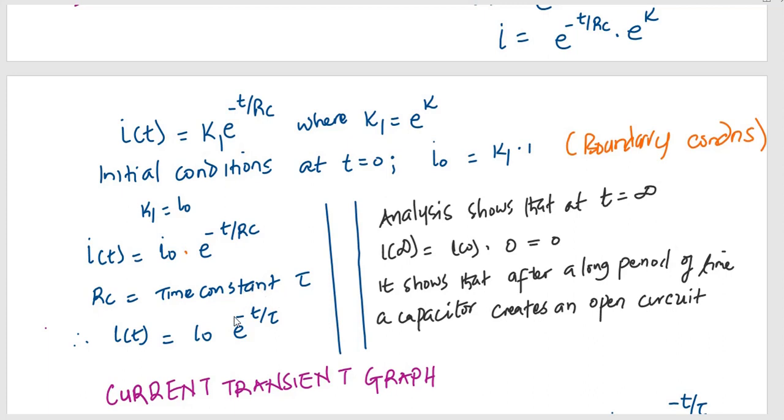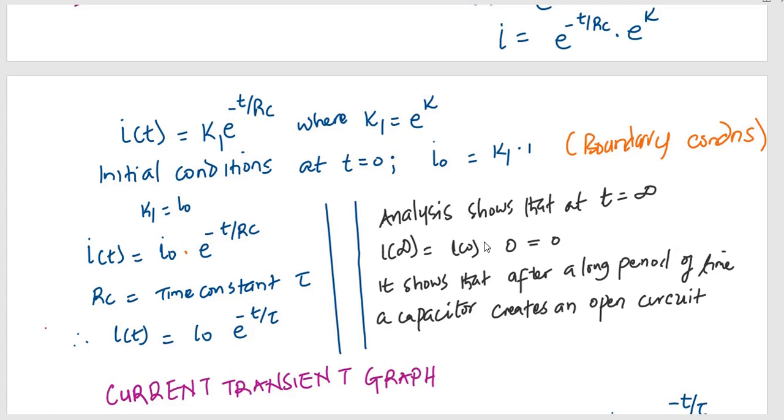Therefore, when we substitute it in our expression, I of t will equal I naught exponential of negative t divided by tau. The analysis shows that as t approaches infinity, after a very long period of time, I of infinity will equal I naught times 0, because the exponential of a very big negative value will tend to 0.